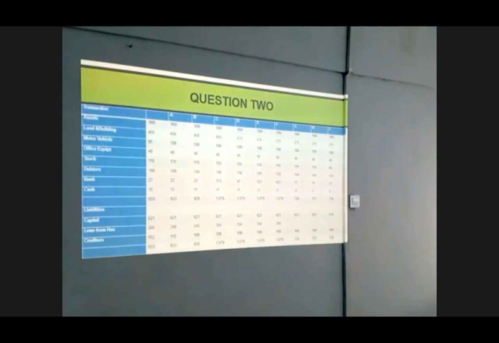We will definitely see the corresponding entry. Then capital, any change? Loan, any change? Creditors, any change? What has happened here? What's the difference? So now tell us what has happened. Cash has gone down by 4, creditors too have gone down by 4.